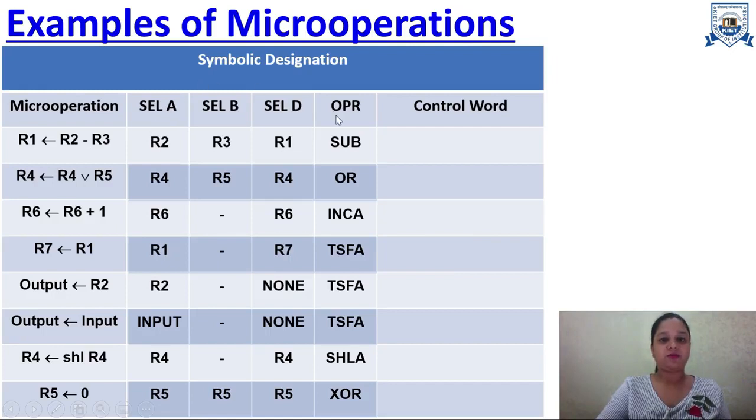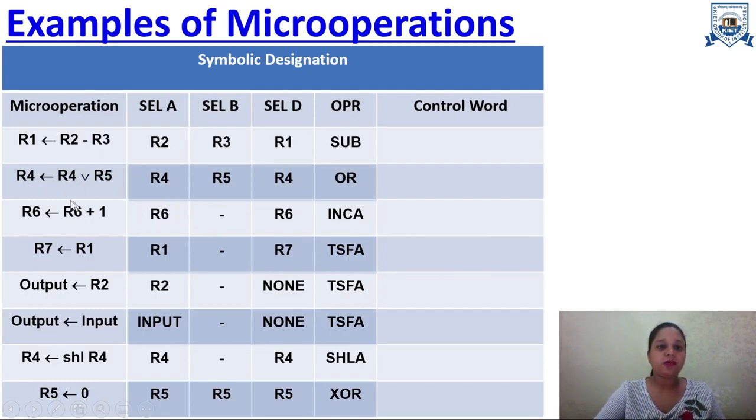These are the symbolic designations for these micro operations: R2, R3, R1 and subtraction. For the next fields, R4 is the first register, R5 is the second input register, and R4 is the output register. It means the result will be stored on R4. What is the operation? OR is the operation.